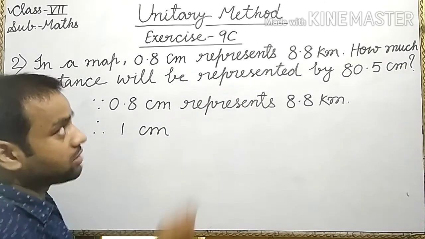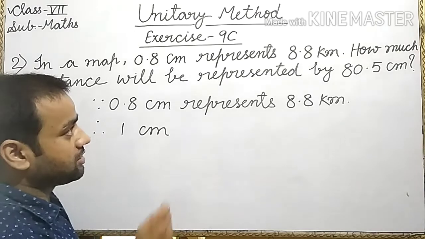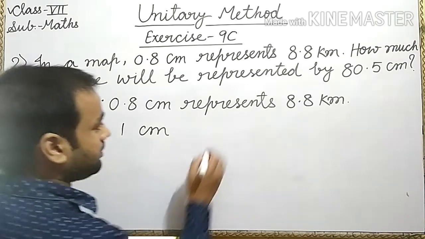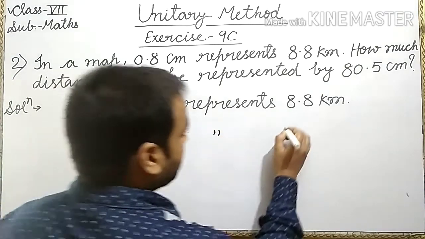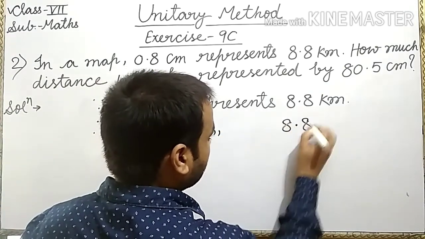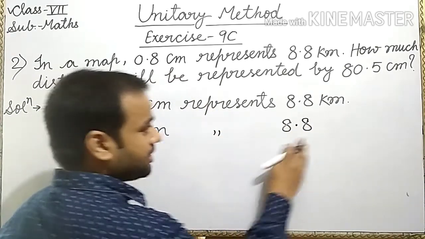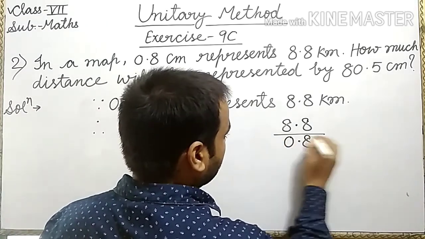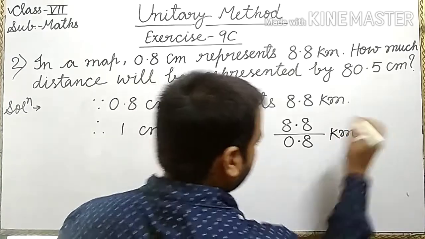This question belongs to direct variation. So 1 centimeter represents, here divide, 8.8 upon 0.8 kilometer. Is it clear?